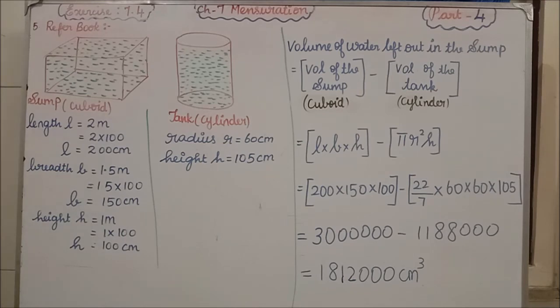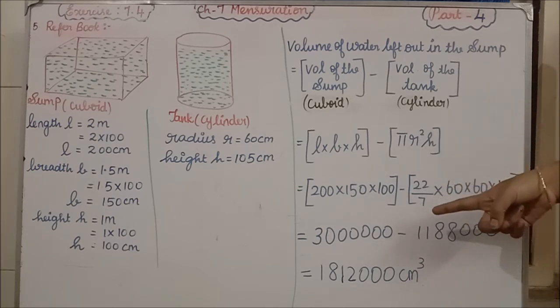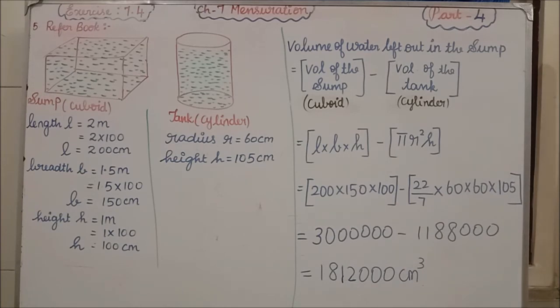Clear? So now length is 200, breadth is 150, height is 100. So 200 into 150 into 100, if we multiply, I am getting this answer. Clear, students, all of you? Similarly, what is the volume of this tank?